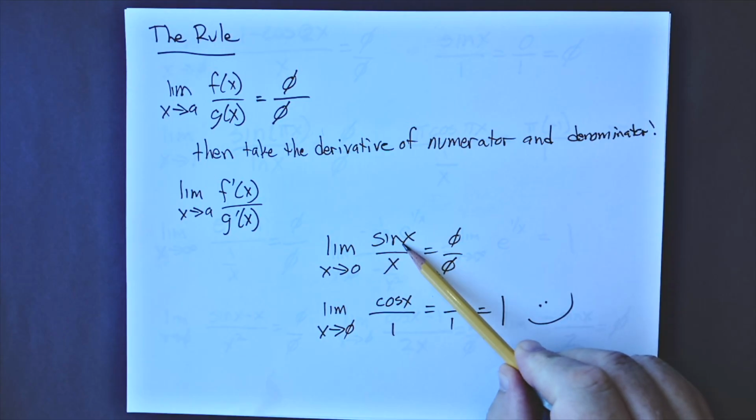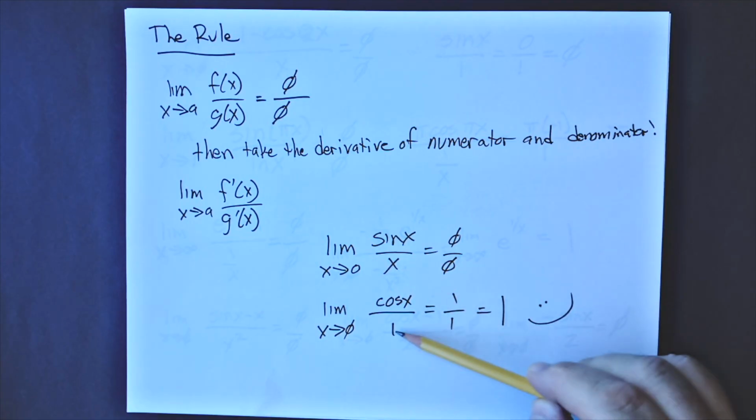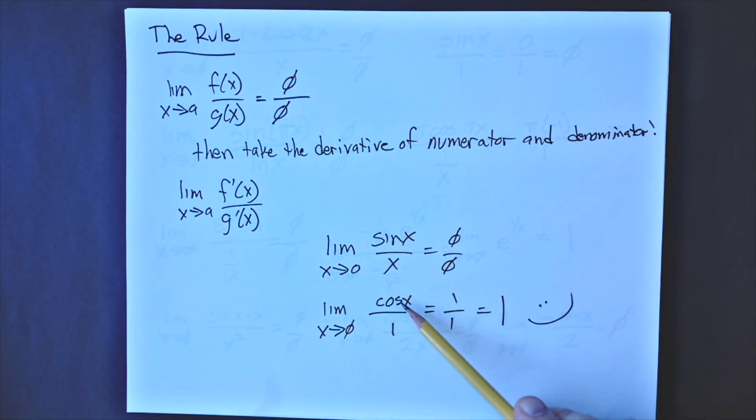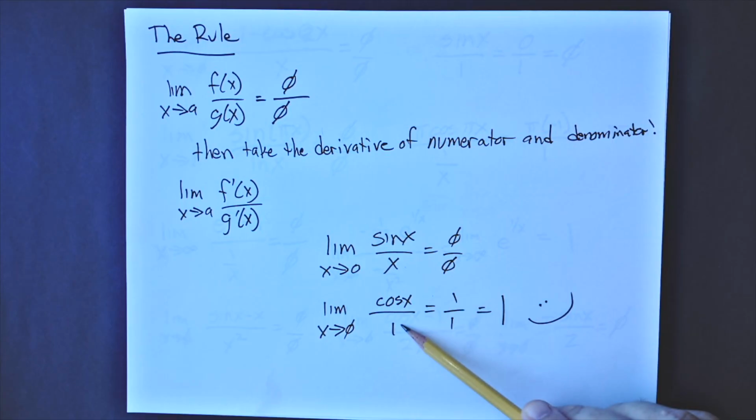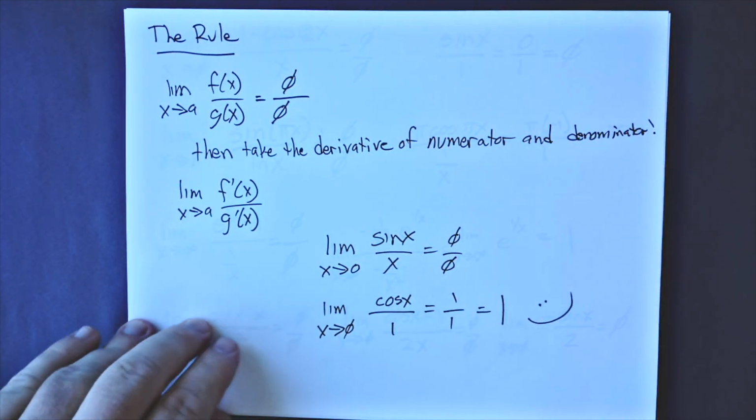The derivative of sine is cosine. Take the derivative of the denominator. The derivative of x is 1. Recompute that limit as x goes to 0. Well, the cosine of 0 is 1, and the limit as x goes to 0 of 1 is 1, so the answer is 1, which we knew from before.